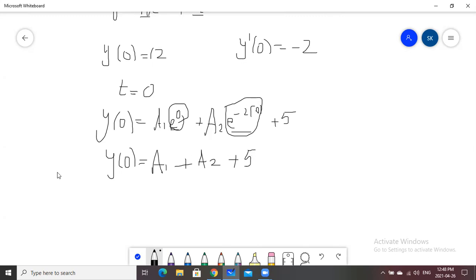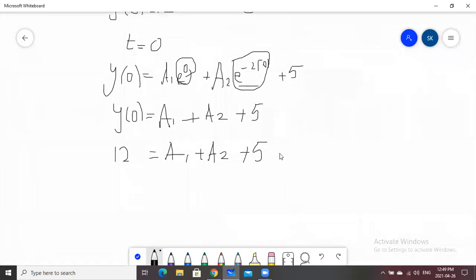And we know that the value of y of 0 is equal to 12. Therefore 12 is equal to a1 plus a2 plus 5, and we are determining both the constants.